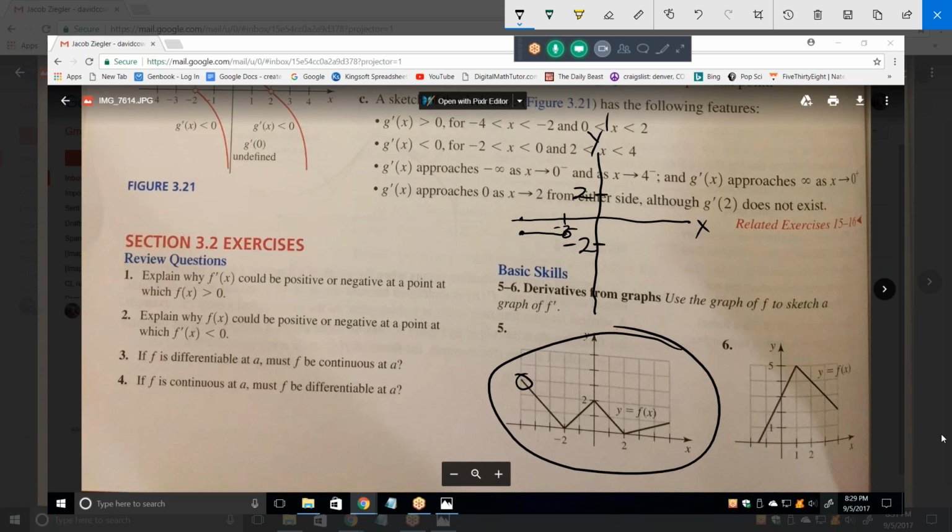But from -2 to 0, in other words, from this area there, what's the slope? Well, would it just be 1? So that, whoops, got it in the wrong spot. Hold on a second.